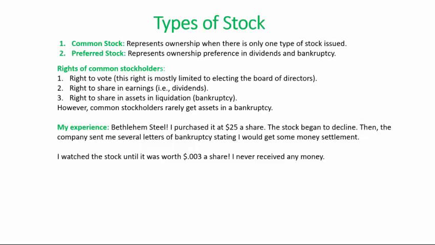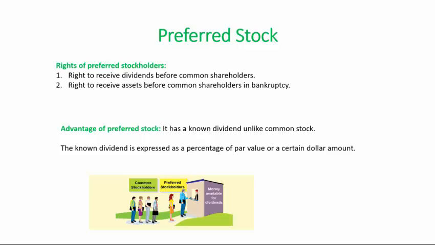The other type of stock is preferred stock, and that is oftentimes a special type of security that is sold by a corporation. They have the right to receive dividends before common stock.